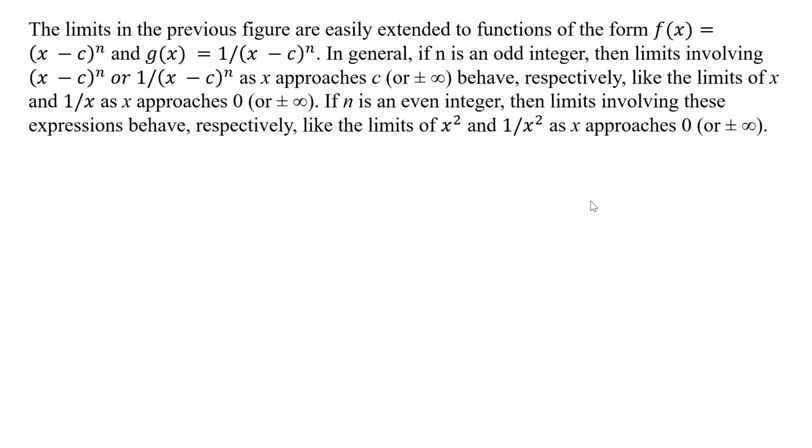Now, the limits of the previous figure are easily extended to functions in the form f of x equals x minus c to the n, and g of x is 1 over x minus c to the n. In general, if n is an odd integer, then the limits involving x minus c to the n or 1 over x minus c to the n as x approaches c or plus or minus infinity behave respectively like the limits of x and 1 over x.